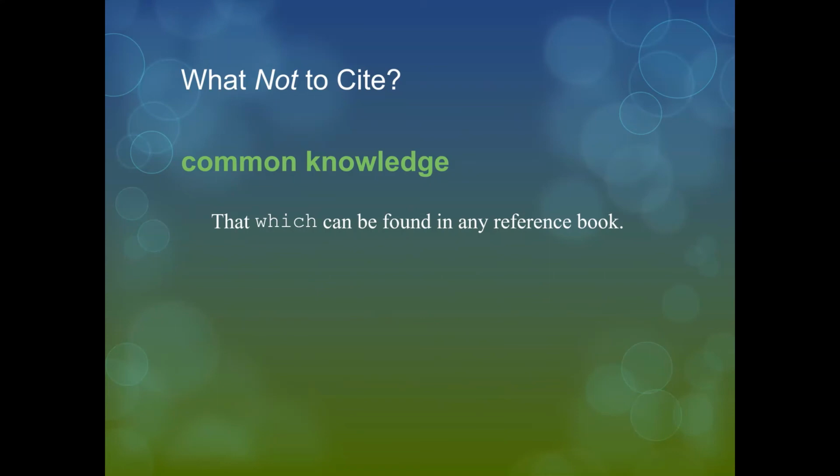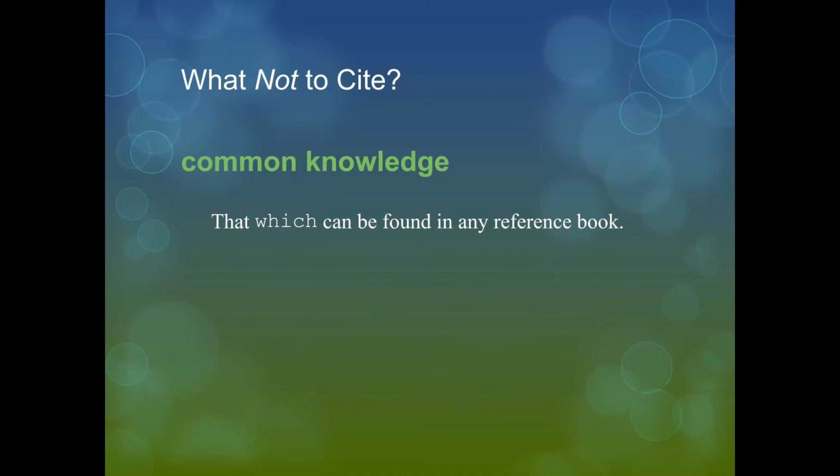Or, in this hemisphere, or, the first president of the United States was George Washington. Those things are common knowledge, or the sky is blue. These are the responses I get most often when I ask students what they think of as common knowledge. But common knowledge is anything that can be found in any reference book, even if you don't already know it.